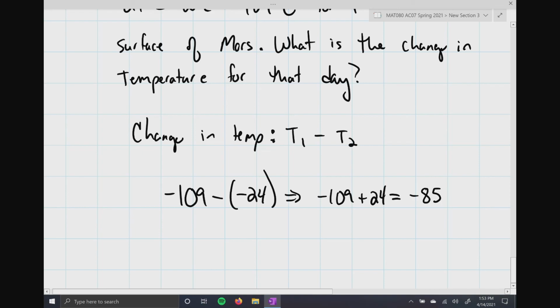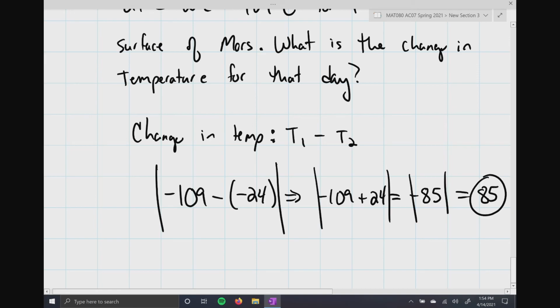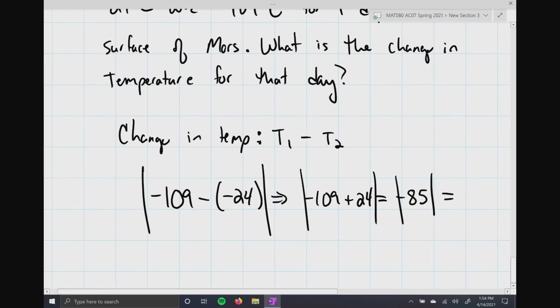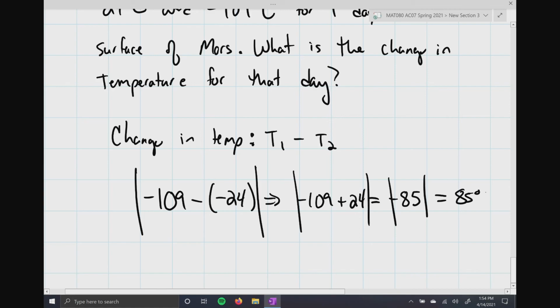The distance between negative 24 and negative 109 is 85 degrees. And since I'm saying the distance, the change, I hope everybody's looking up at the screen right now. I could put absolute values around everything. And that's how, Jameson, you got the 85 degrees Celsius. So that was the change.